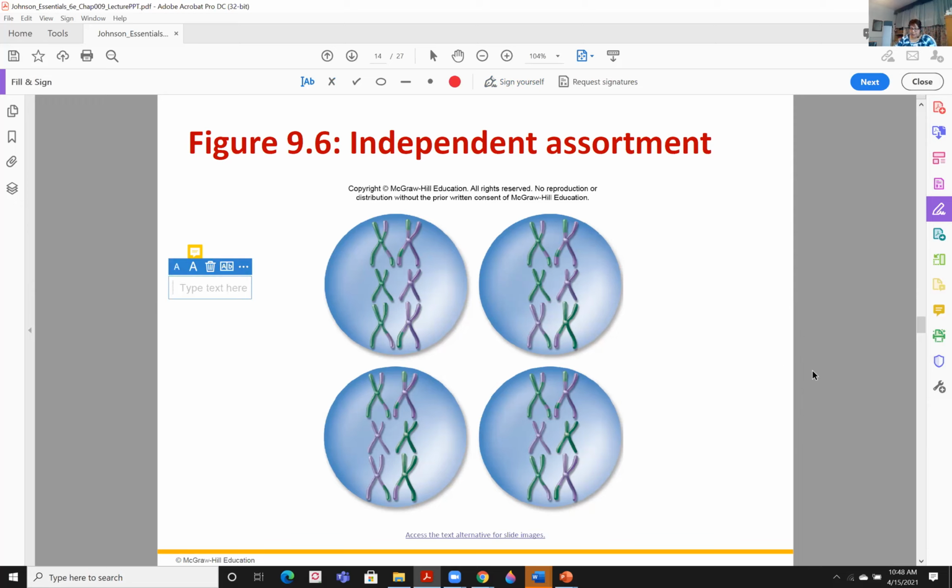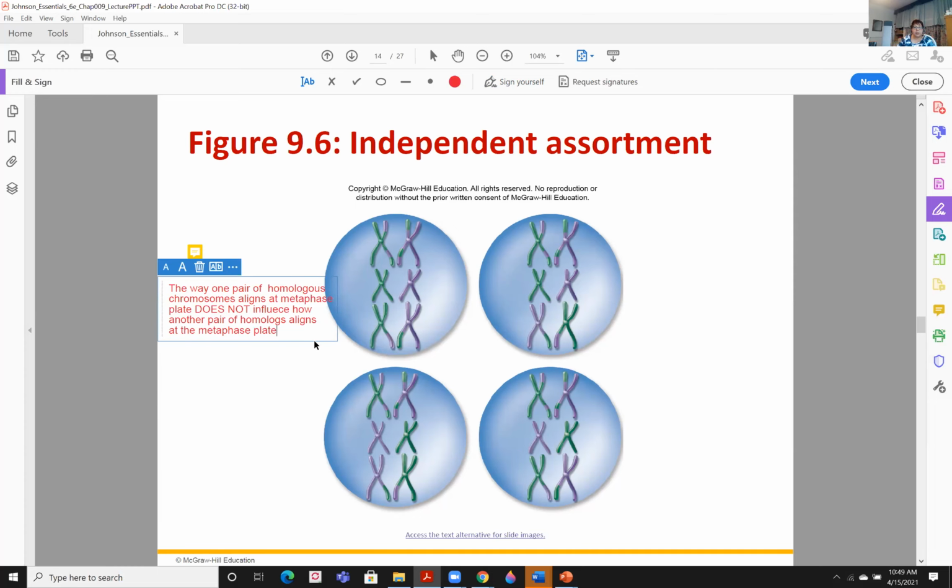So here's what the law of independent assortment says: the way one pair of homologous chromosomes aligns at the metaphase plate does not influence how another pair of homologs align at the metaphase plate.